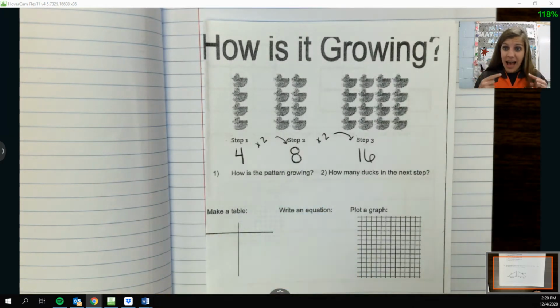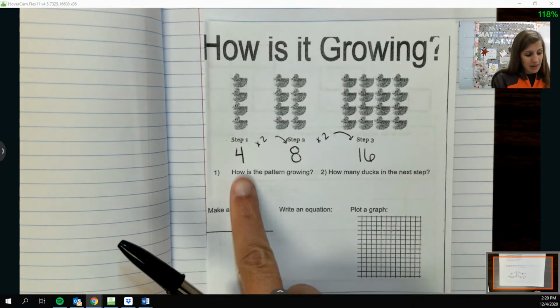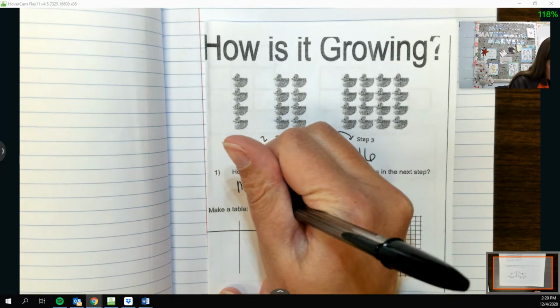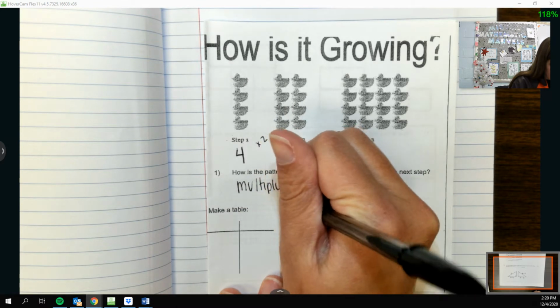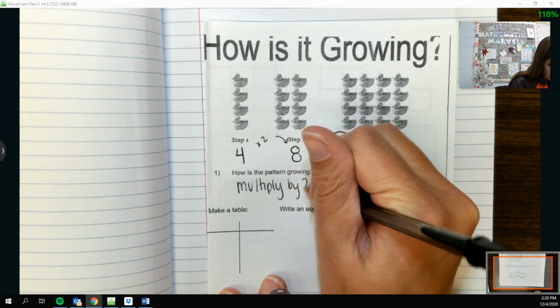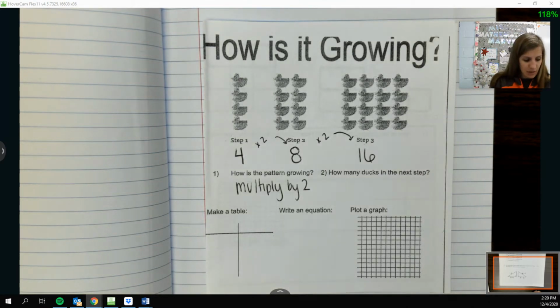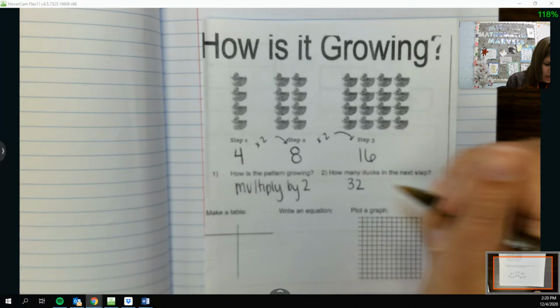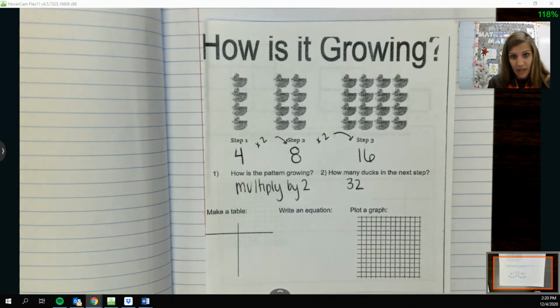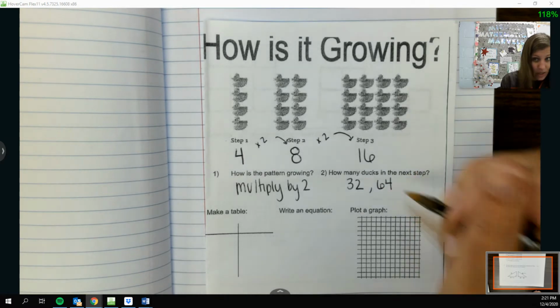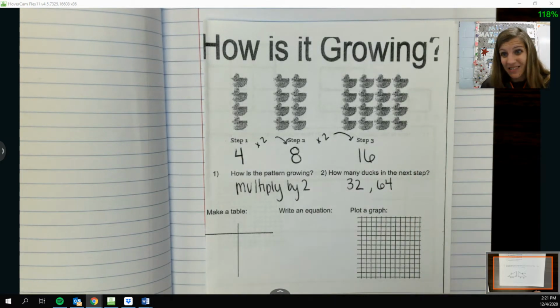So rather than add every time, this time it seems like the pattern is growing by multiplying by 2 each time. And so 16 times 2, that'd be 32 ducks in the next step. And if I times by 2 again, that'd be 64 ducks, and then it's starting to get real big.